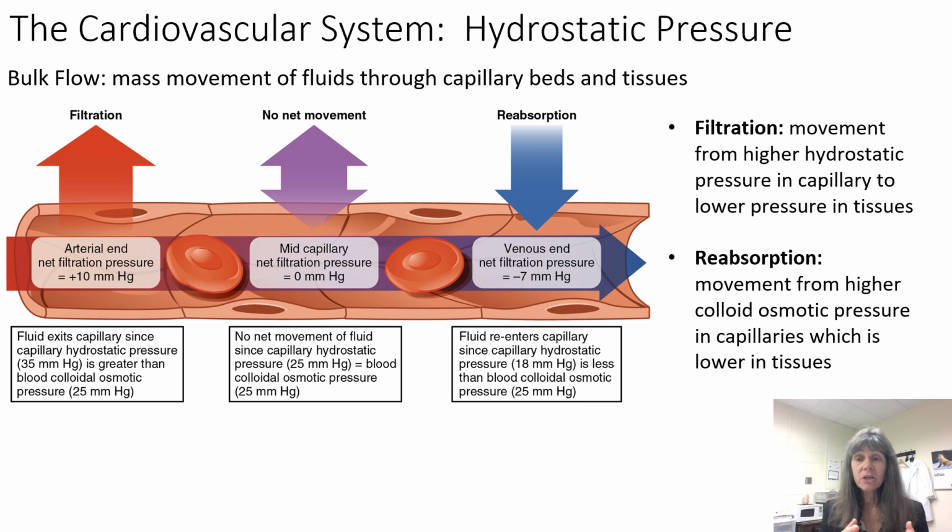And then when we get back to the other end of the capillary, to the venous end on the far right of this picture, now we have fluid coming back into the capillary because at this point, because the blood has traveled a longer distance, experiencing resistance, and the pressure drops to about 18 millimeters of mercury now, we have less capillary hydrostatic pressure than we have blood colloid osmotic pressure because we still have the proteins in the plasma, and so we still have that 25 millimeters of mercury in the venous end for blood colloid osmotic pressure.